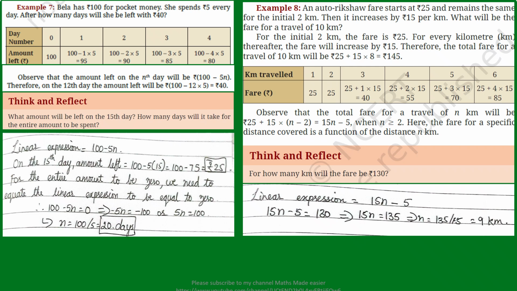If the value 130 is given, then it is a value you have to pick from the second column. That is, after you apply the linear relationship using a particular stage, what value you will get? That is 130. So based on this, you derive n to be equal to 9 kilometers.